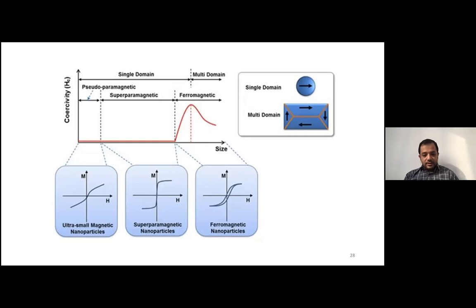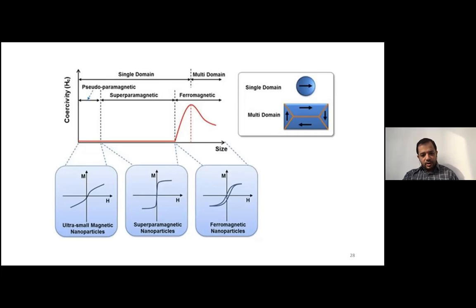And this is where I said the coercive field, the HC, the width of the hysteresis loop becomes important. We plot the coercive field, the width of the hysteresis, with respect to the diameter of the particles. And if you remember, if you're superparamagnetic, the diameter is 0, the size is 0.